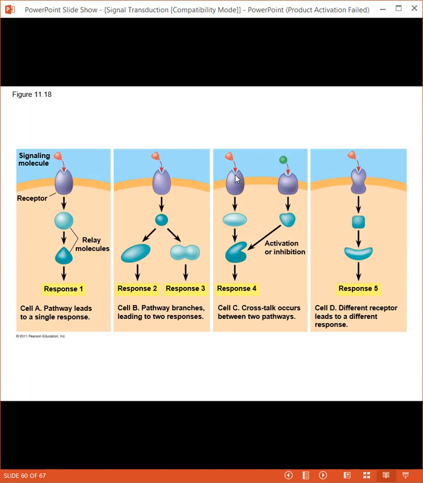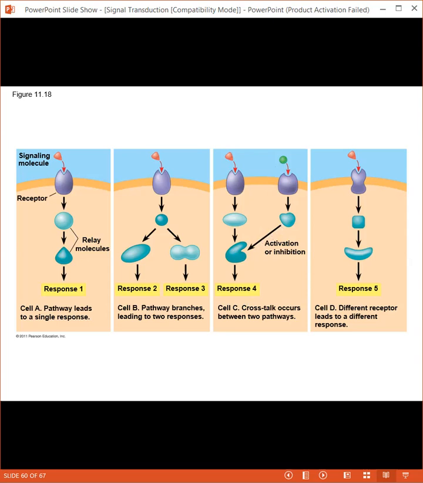So you can see that this enzyme, this molecule is responsible for this response 4 here, but this is not activated until this molecule is present. That means two simultaneous signals are required for this response, and this kind of crosstalk between two cellular signaling pathways is also required.